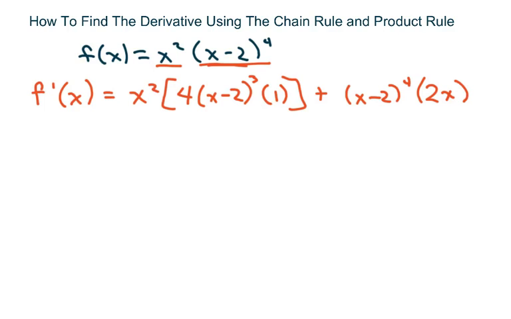So what we can do is, oops, on the wrong one. So this is going to be 2x times x minus 2 cubed, and then we're going to have times 2x plus x minus 2.